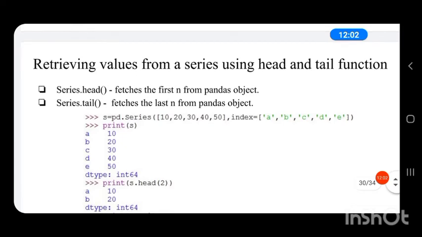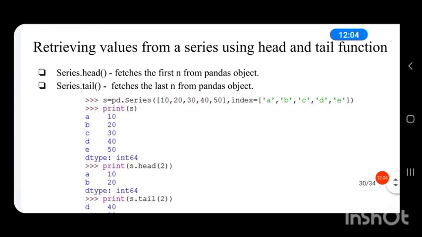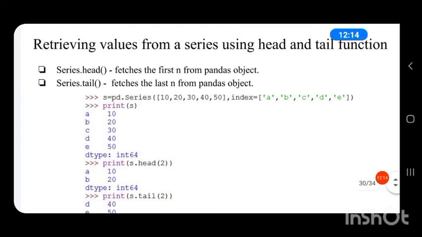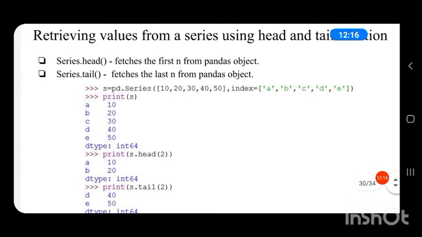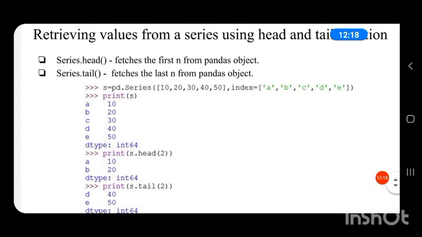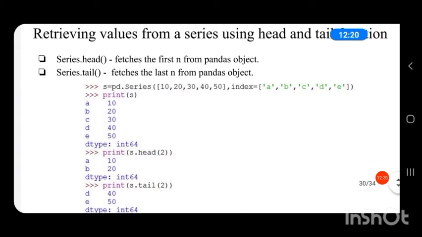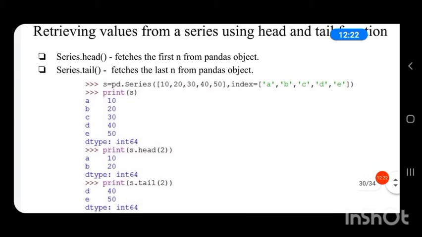Next is retrieving values from a series using head and tail function. So series head function fetches the first n from the pandas object. Series head function will retrieve the first n values.